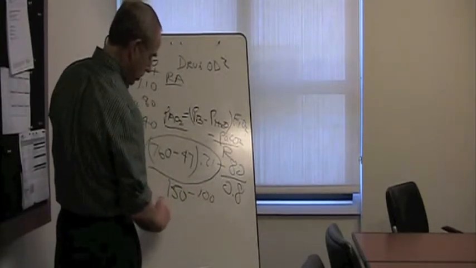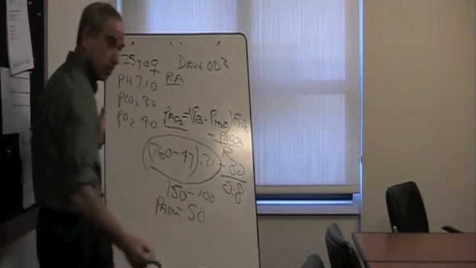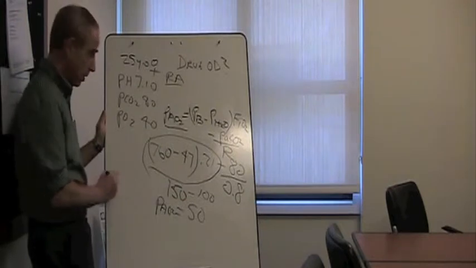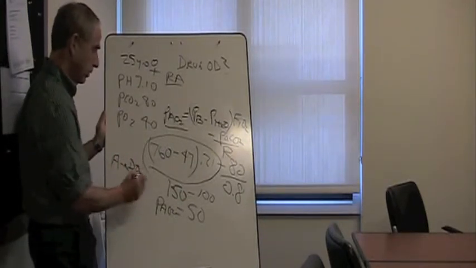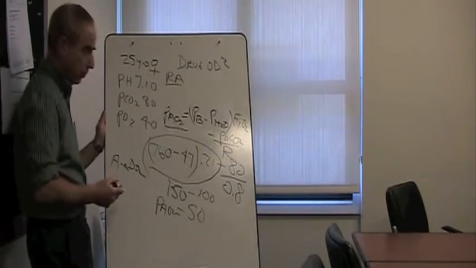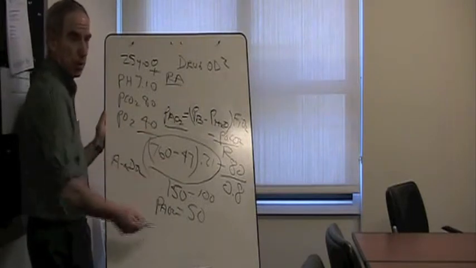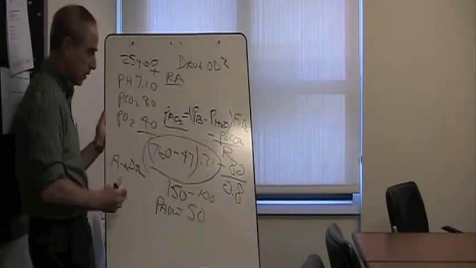So your alveolar O2 equals 50. So what's the AA gradient, the difference between the alveolar and the arterial O2? 50 is the alveolar O2 and 40 is the arterial, so your AA difference is 10.